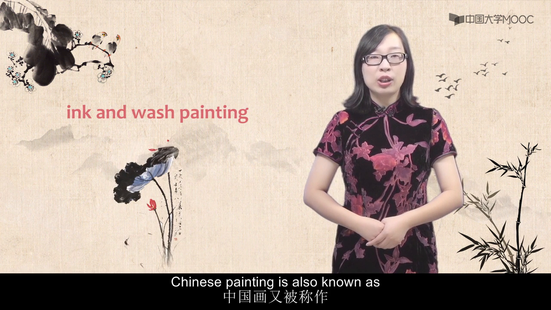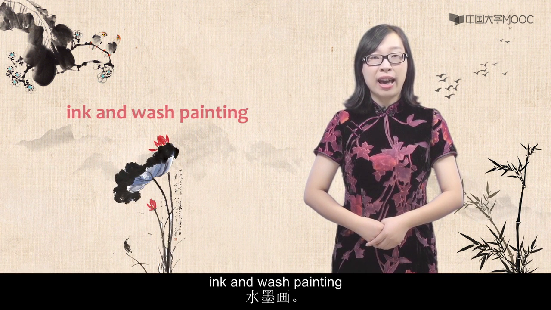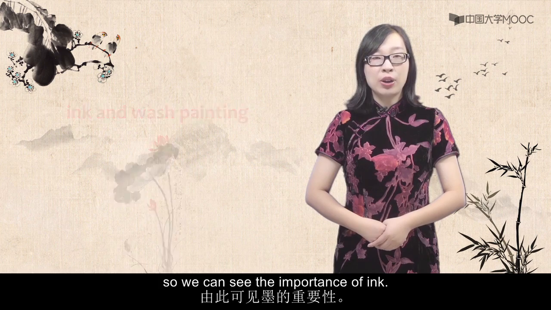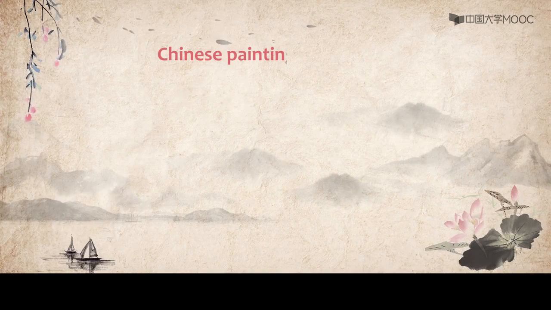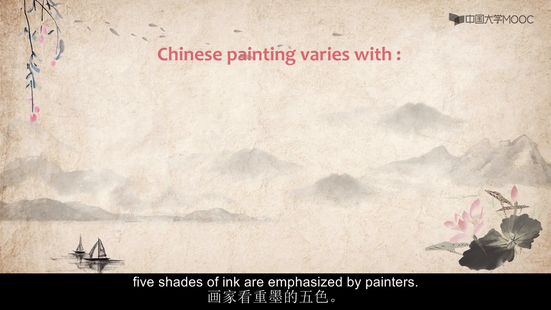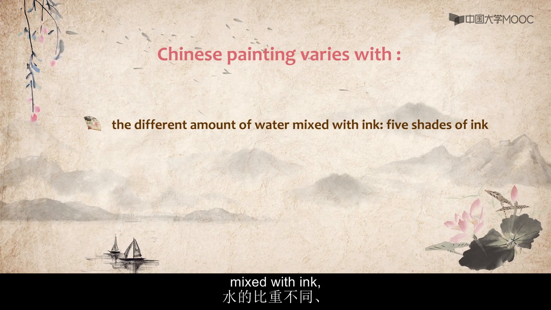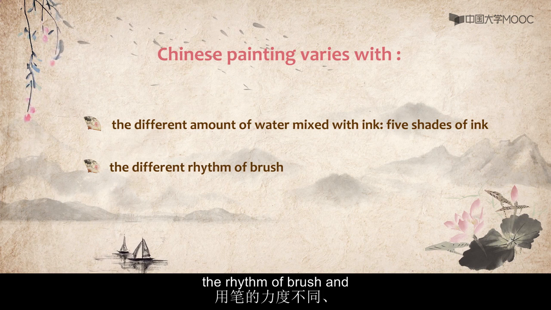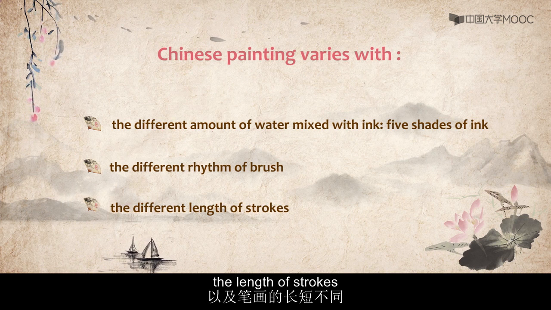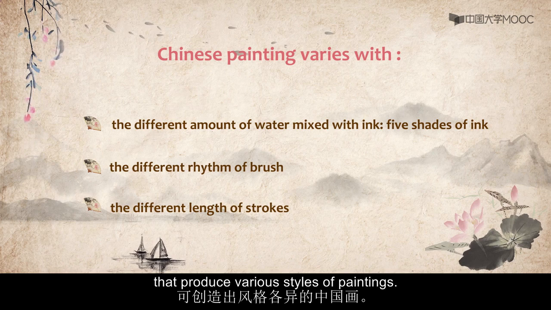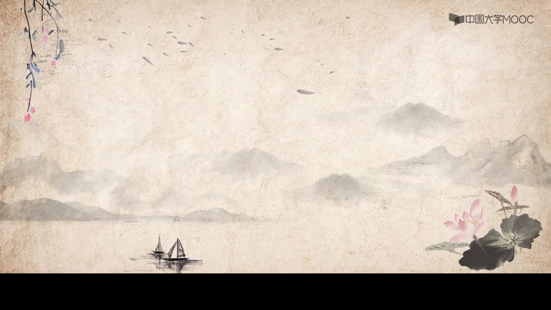Chinese painting is also known as ink and wash painting, so we can see the importance of ink. In Chinese painting, 5 shades of ink are emphasized by painters. It is the amount of water mixed with ink, the rhythm of brush, and the length of strokes that produce various styles of paintings.